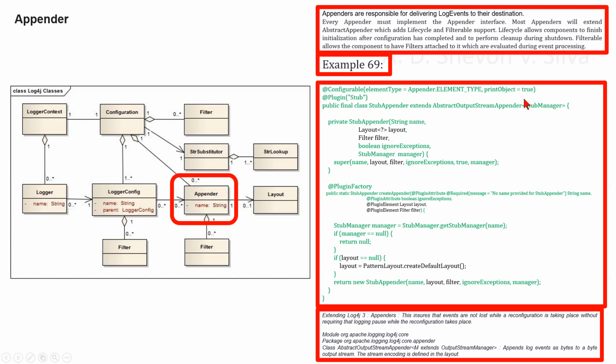Appenders must also declare a @PluginFactory method that returns an instance of the appender or a builder class used to create appenders. The example here shows the appender named Stub that can be used as an initial template.